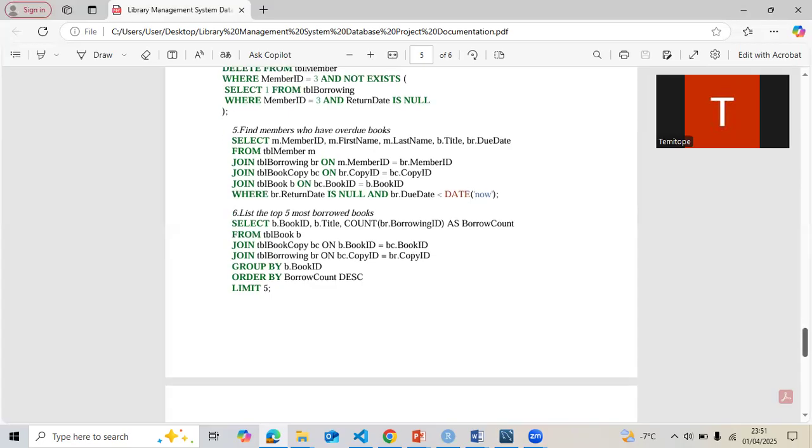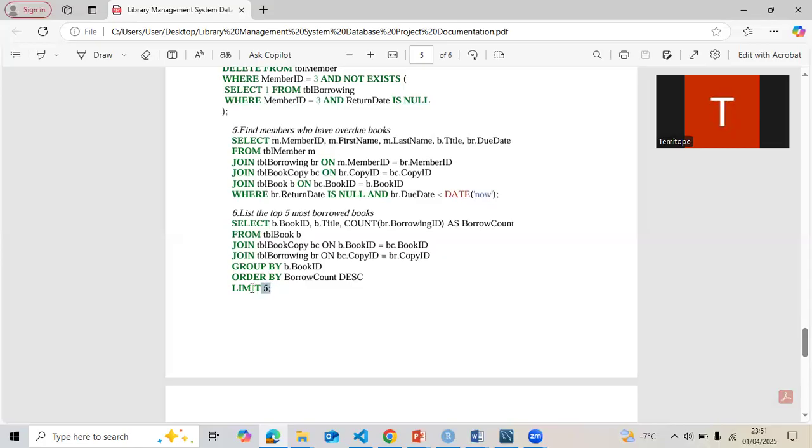List the top 5 most borrowed books. This one, of course, is a book table. We use the book table, then we use the borrowing table, because the book is what we are borrowing here in the library management system that we are doing. Then they mentioned borrow, so of course the first two tables are the book table and the borrowing table. So limit 5, we just want to see 5 of those things.